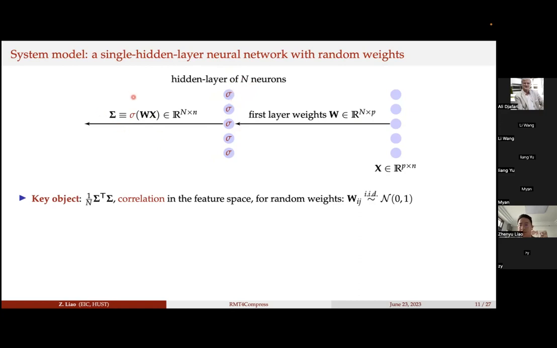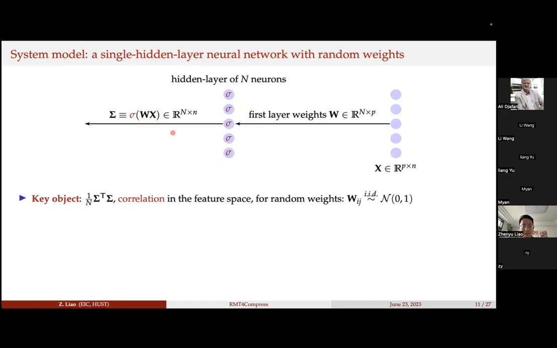And then we get the feature after this first hidden layer of the neural network, which is given by this big Sigma matrix, okay, equal to the nonlinear activation sigma applied entry-wise on the matrix WX.